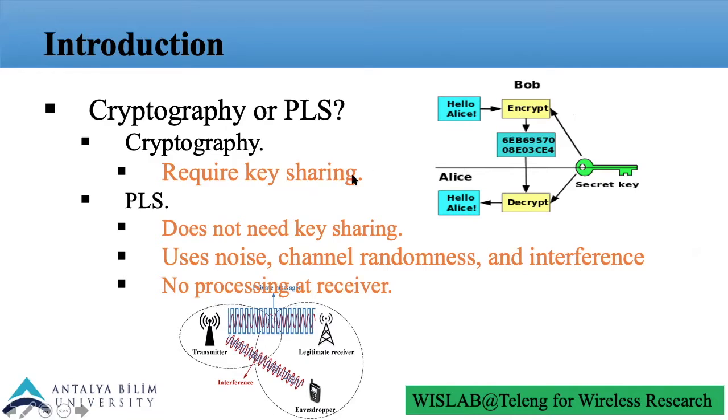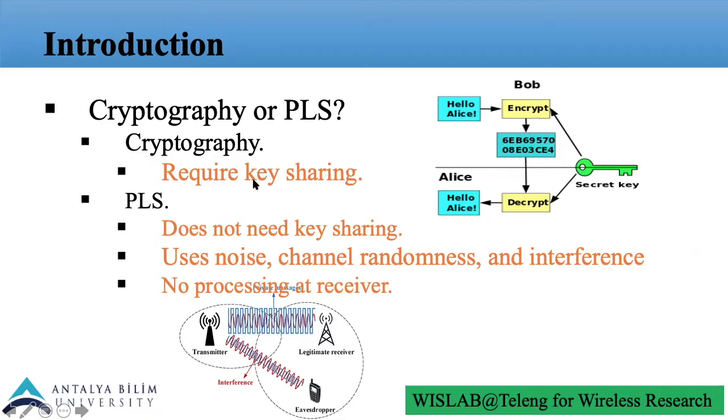This is not good at all in future wireless communication, because security is not really guaranteed in this case. Right now we have supercomputers which are able to find this secret key by brute force. It's just a matter of time.